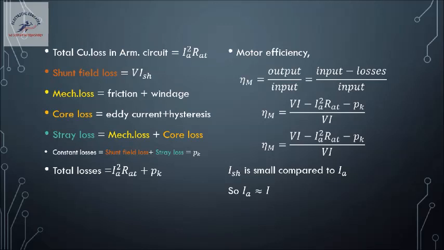This is the case in larger motors, where the armature current will be some 20 amperes and the field current will be 0.3 amperes. Compared to 20 amperes, 0.3 is a very small value, and in larger machines it will be much smaller. So the value of Ia will be almost equal to the line current I.